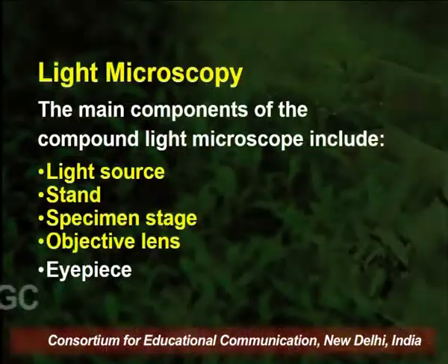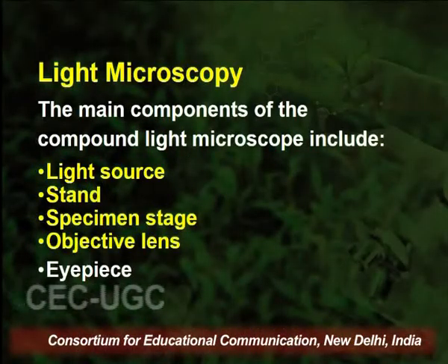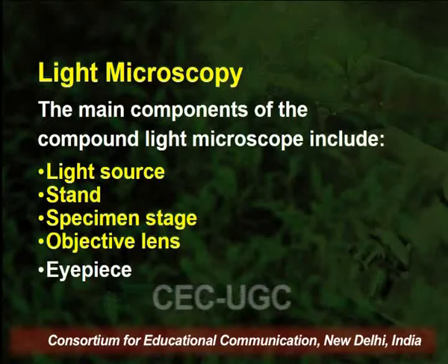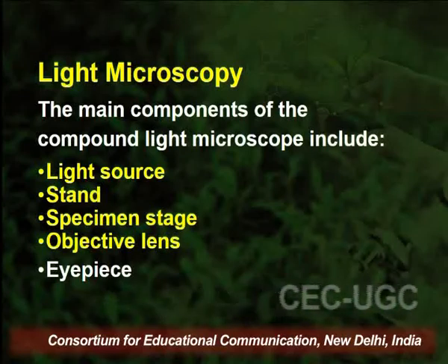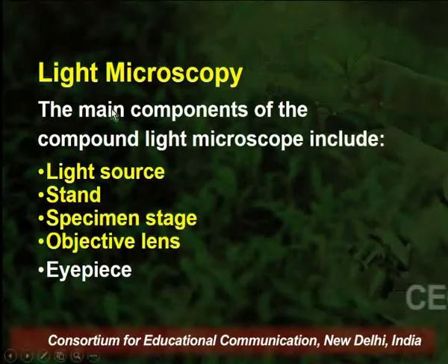The second component happens to be the stand, the third is the specimen stage, the fourth is the objective lens, and the fifth is the eyepiece. So out of these 5 components, 3 happen to be physical structures, and 2 happen to be sets of lenses.